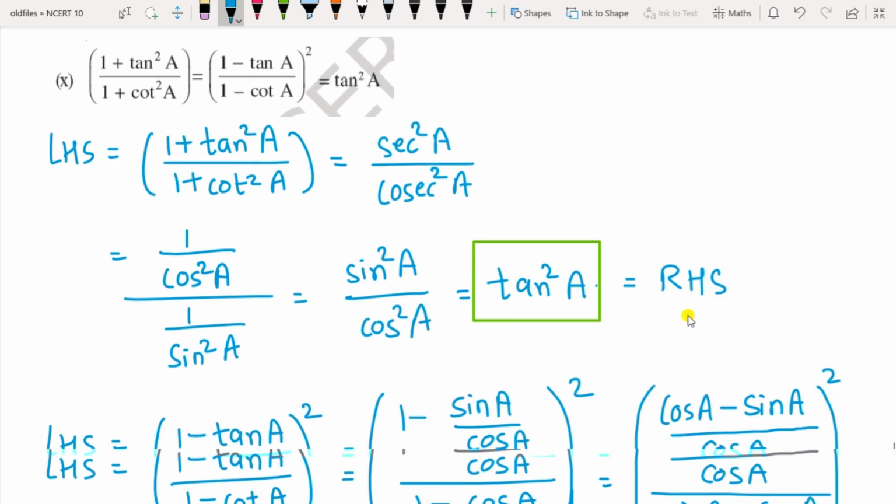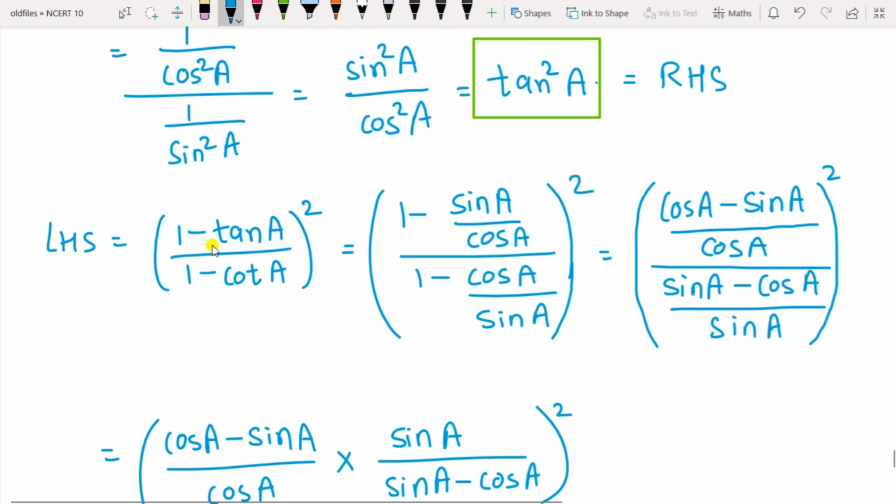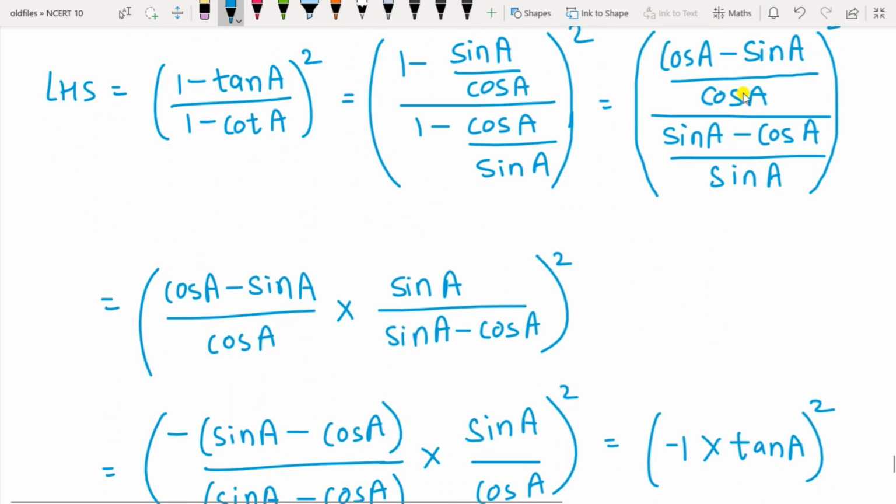Now the second part of the question, (1 minus tan A upon 1 minus cot A) the whole square. Tan means sin upon cos, cot means cos upon sin. Take the LCM here. So this is (cos A minus sin A) upon cos A and (sin A minus cos A) upon sin A. Okay. Now take its inverse. So this will become (sin A upon cos A) times (cos A minus sin A) upon (sin A minus cos A), and the whole square.